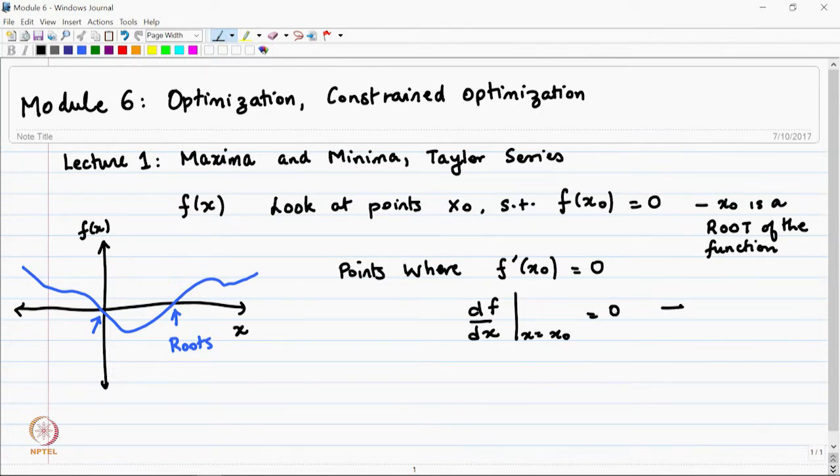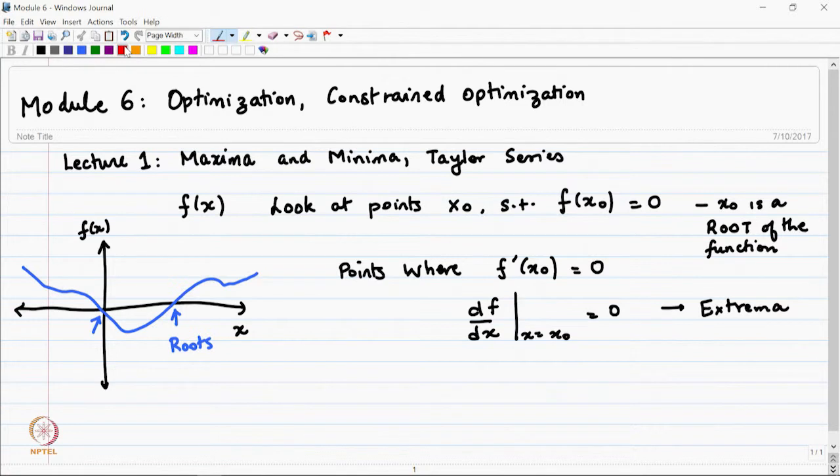So, these are called extrema. And geometrically df by dx represents the slope. So, these are points where the slope of the function is 0.